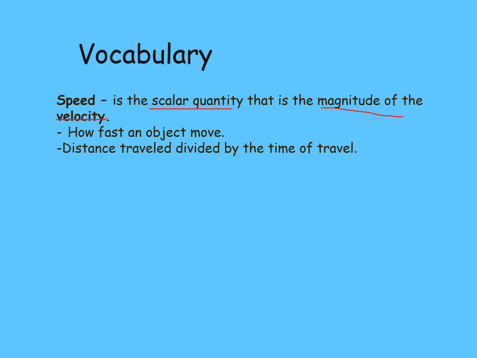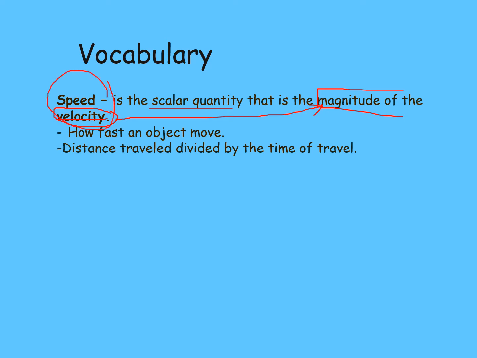A scalar quantity shows only the magnitude, but there is no specific direction of the movement. And velocity is a vector quantity. It shows the magnitude of the movement and the direction of the movement.